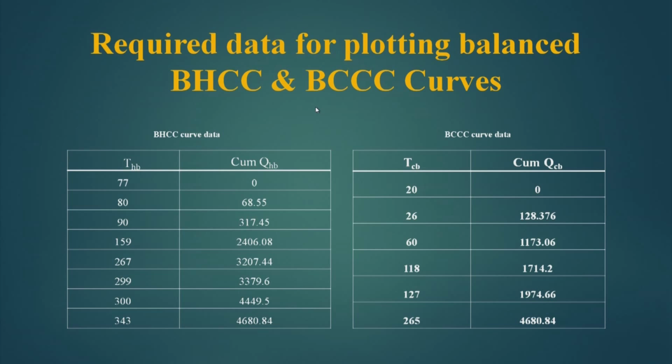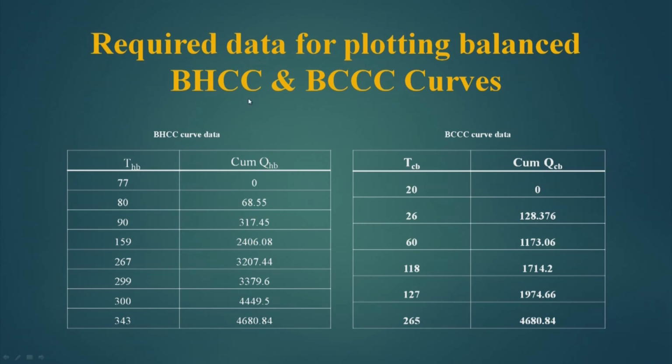Now, we are ready to plot the balanced hot composite curve and balanced cold composite curve, which is BCCC. The enthalpy values at different temperatures are known to us. This we have already computed for the balanced hot composite curve and balanced cold composite curve.